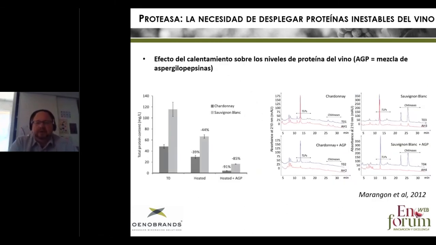You have here some examples of the efficiency of aspergillopepsins for the degradation of protein in wine.